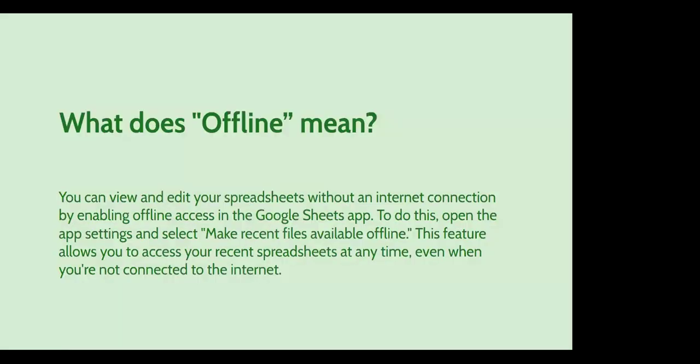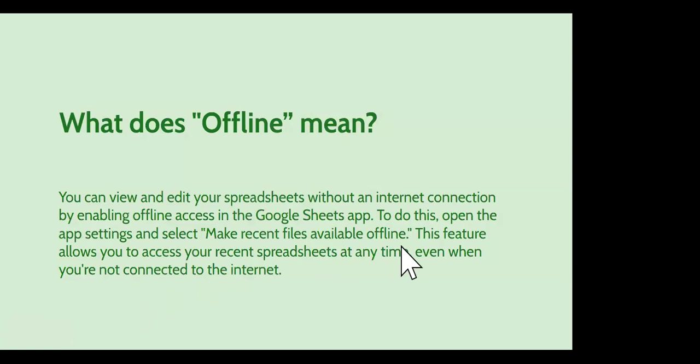Now, for those of you who wonder what offline in Google Sheets means, it's essentially your ability to view and edit your spreadsheet documents without an internet connection by enabling offline access in the Google Sheets application. You can do this by opening the app settings, and you can select make recent files available offline.